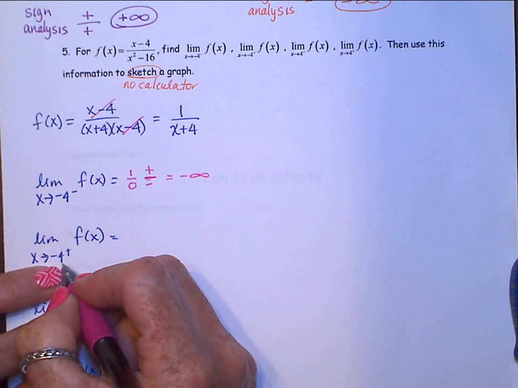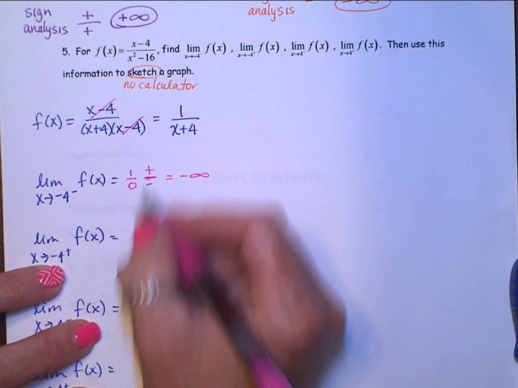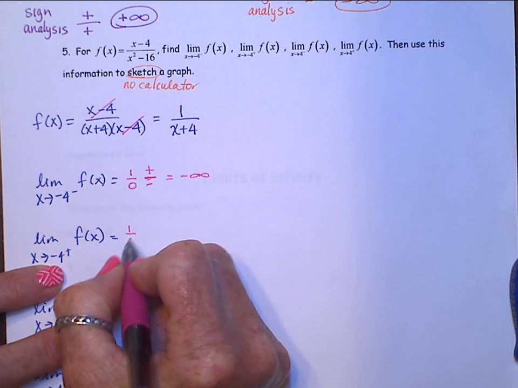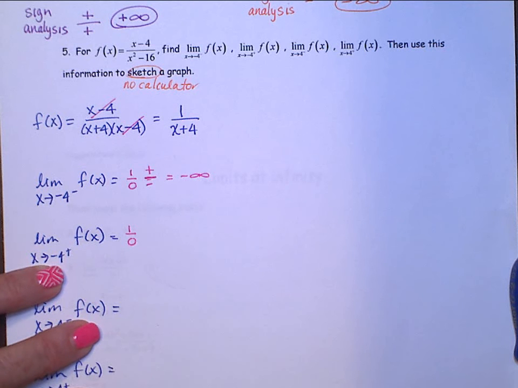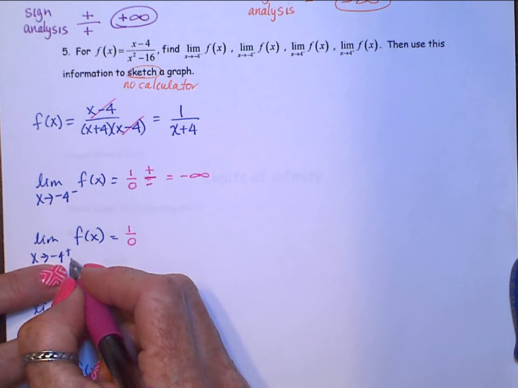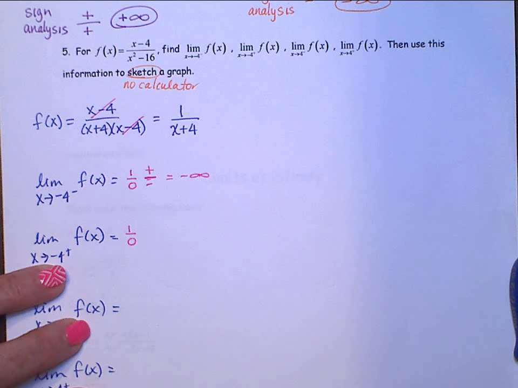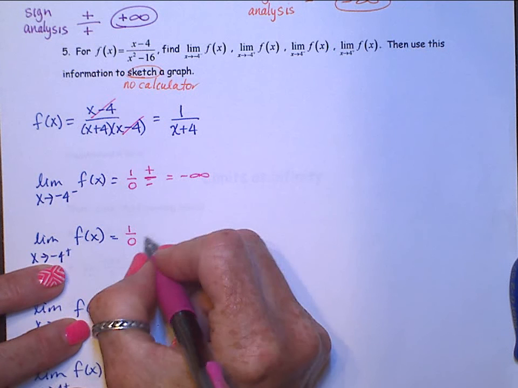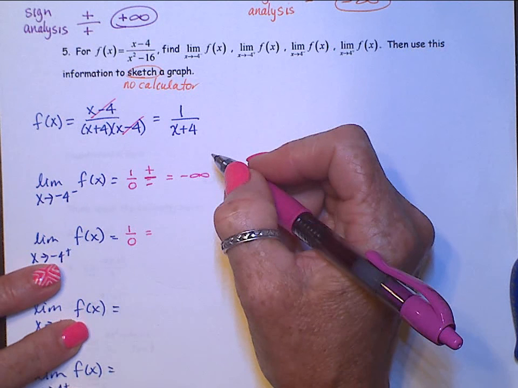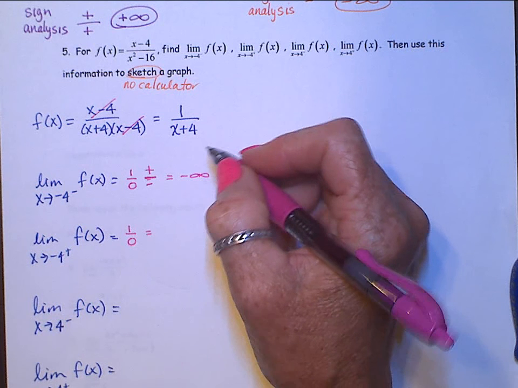Negative 4 from the right, same idea. When you substitute in, we get a 1 over 0, so we need to do a sign analysis. Sub in negative 4 from the right. It's a little bit less negative than negative 4, so negative 3.99. And again, numerical value is not what you're interested in. You are interested in sign.